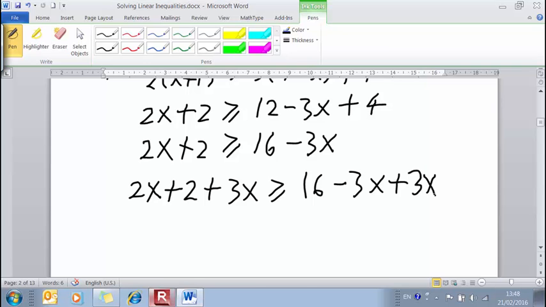And then simplify. Now, on the left, we have 2x plus 3x. They are like terms, and we can add them together to be 5x. And on the right, we have 16.